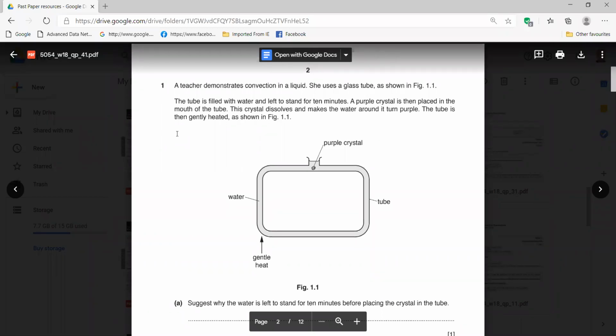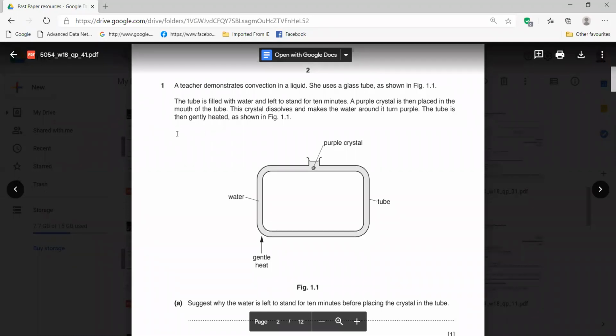She uses a glass tube as shown in figure 1.1. The tube is filled with water and left to stand for 10 minutes. A purple crystal is then placed in the mouth of the tube. This crystal dissolves and makes the water around it turn purple. The tube is then gently heated as shown in figure 1.1. Suggest why the water is left to stand for 10 minutes before placing the crystal in the tube.